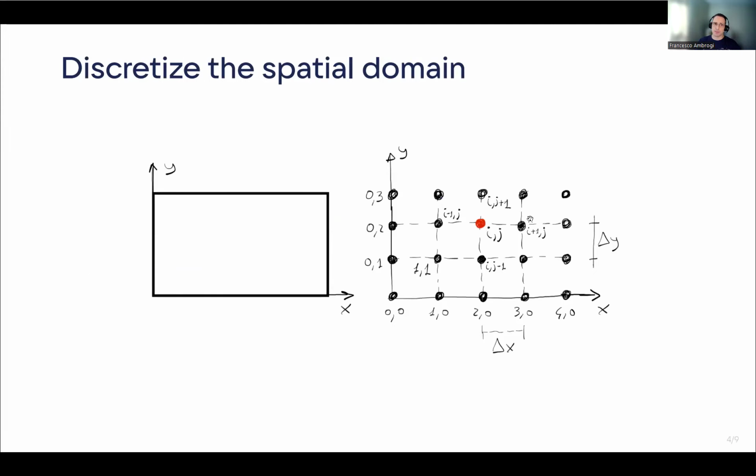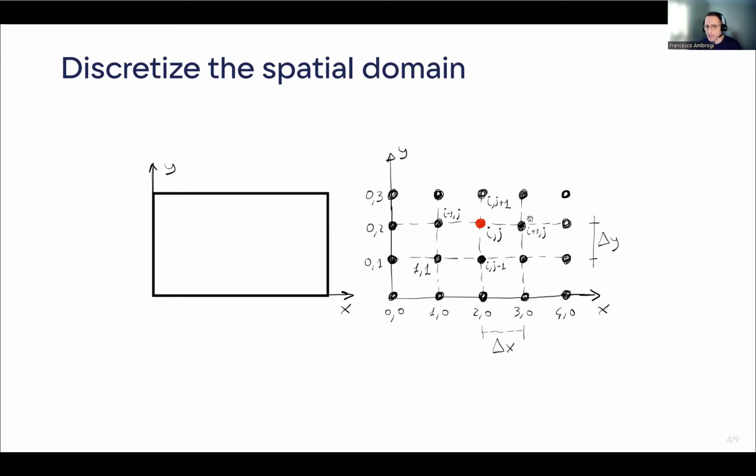So the first step, discretize the spatial domain. Basically, what you do is you stop thinking about the plate as a homogeneous and continuous material, but you divide it into several grid points. And again, the choice of the number of grid points depends on the amount of computational resources you have available.